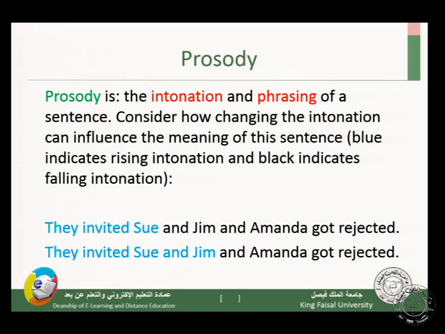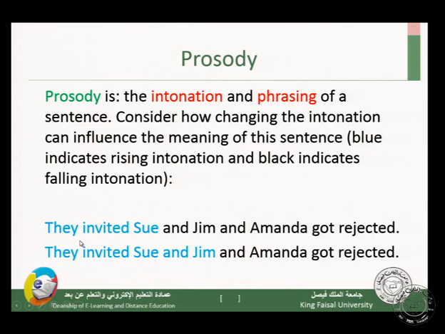The second, they invited Sue and Jim, and Amanda got rejected. And the second way to pronounce it, only Amanda was rejected. Why? Because we had rising intonation for the first two participants, for the first two people.